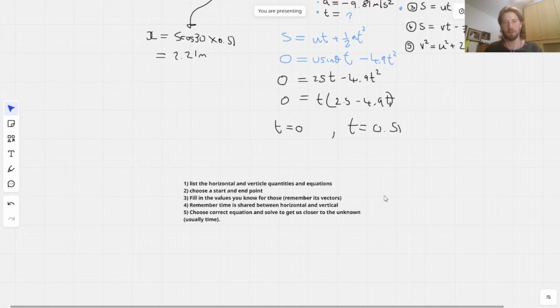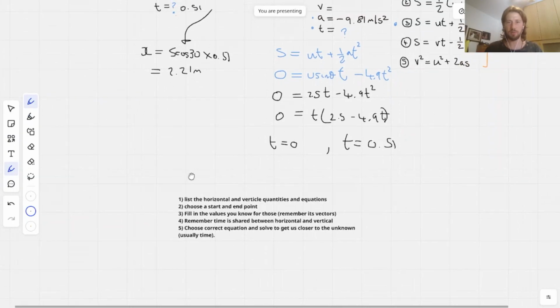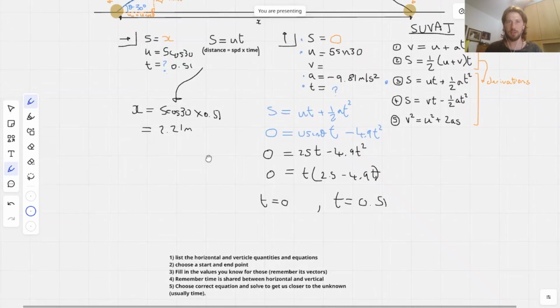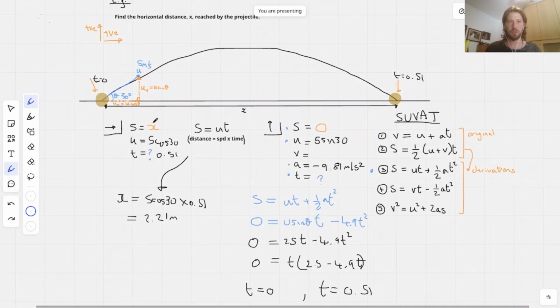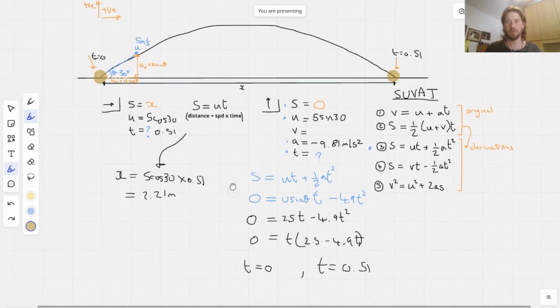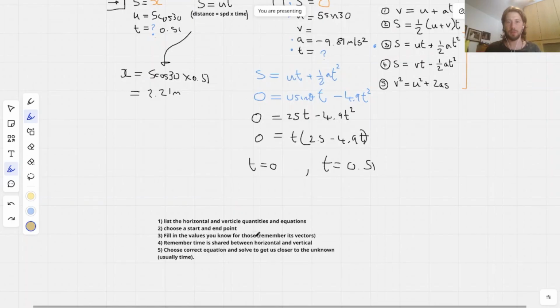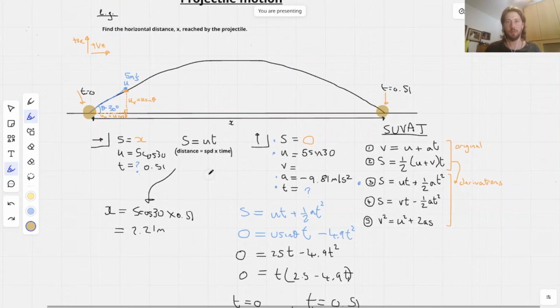So I've skipped the writing of the list, but basically we start by listing the horizontal and vertical quantities and equations. So this list that I made here, for this side and that side. And then we choose our start and end point, which can be from here to here, or from here to there, whatever the question asks. And then we fill in the values that we know, but remember that it's vectors.